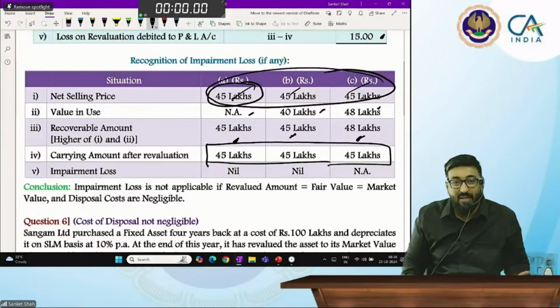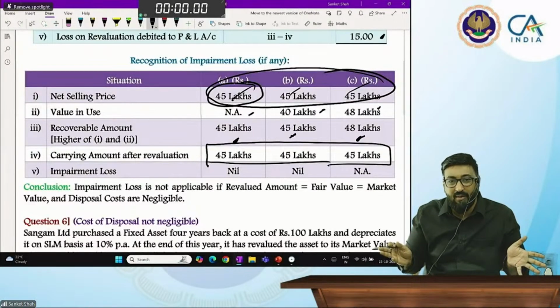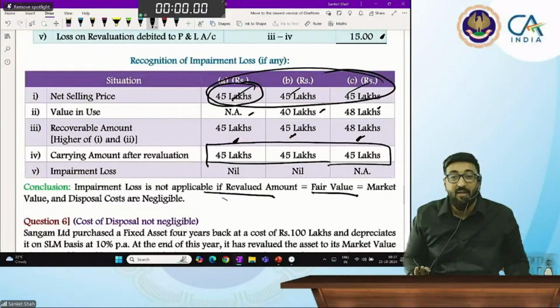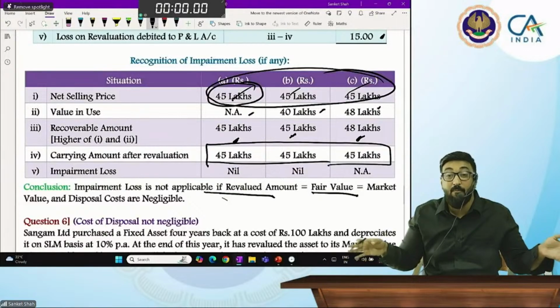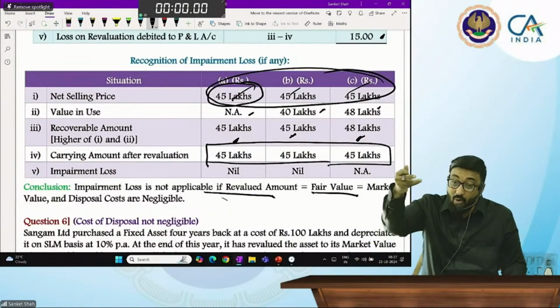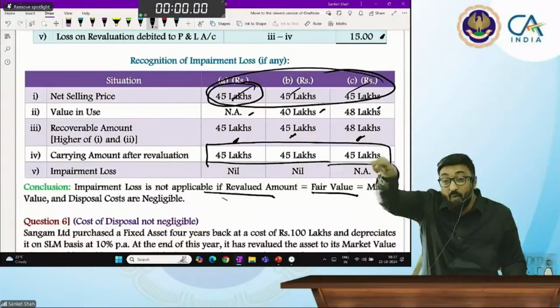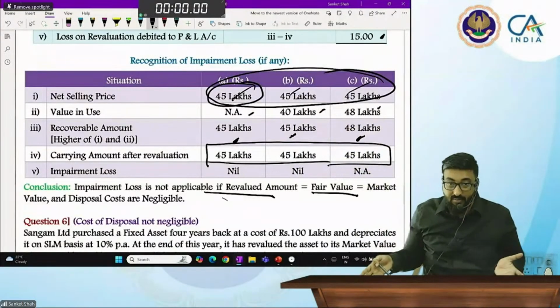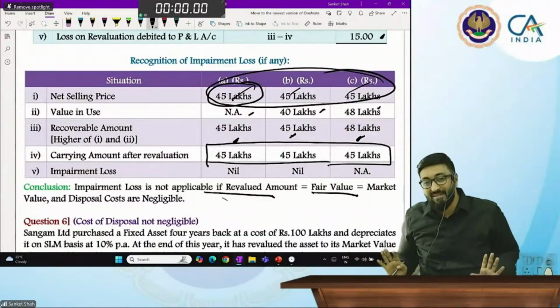Recoverable amount is higher. Logically it is also correct. Therefore, if an asset is revalued to fair value, then remember, logically there is no impairment. If you already followed the revaluation model, and you go by market value, and there is no disposal cost, logically you will understand it.